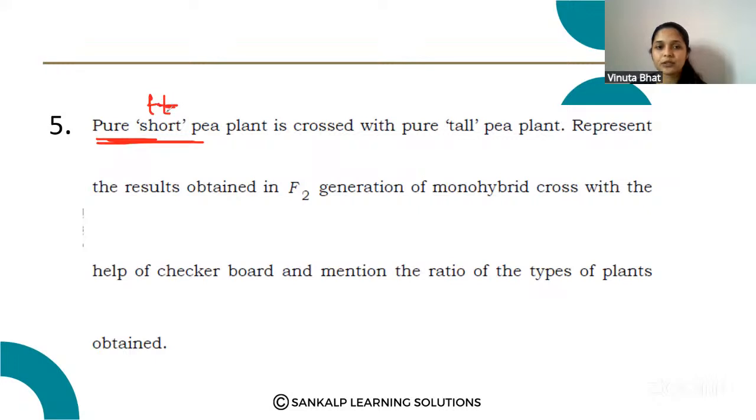That is the pure genotype of the short plants. For pure tall plants, they didn't mention any genotype, but they have given the word pure tall plant. Pure tall plant means which are having the genotype capital T, capital T. So we have to represent this in the checkerboard here.